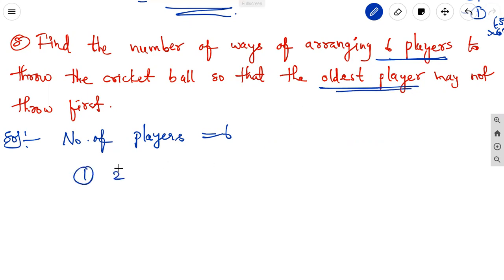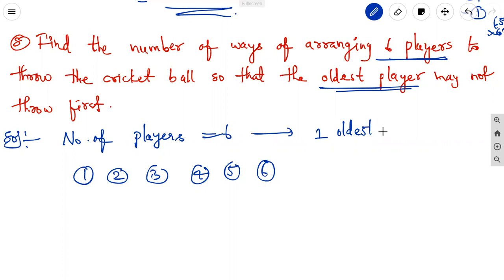First throw person, second throw person, third, fourth, fifth, sixth. How many are there? 6. In the 6, only one person is the oldest person from the other 5. The oldest person cannot be allowed to throw first.